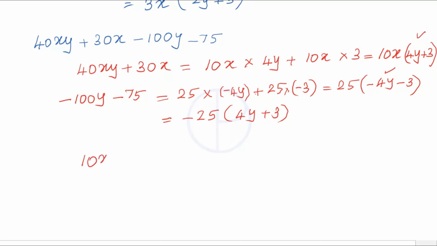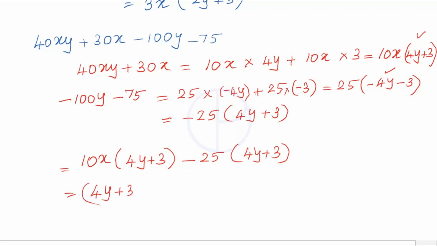So 10x multiplied by 4y plus 3 minus 25 multiplied by 4y plus 3. In these two we have 4y plus 3 common. So the remaining terms are 10x minus 25.